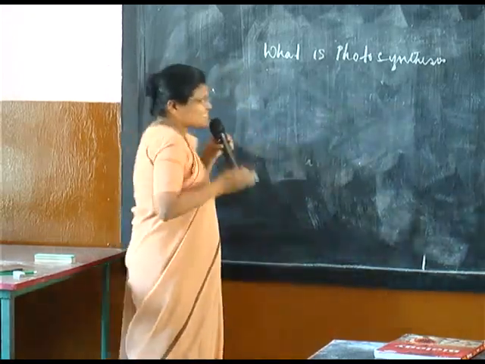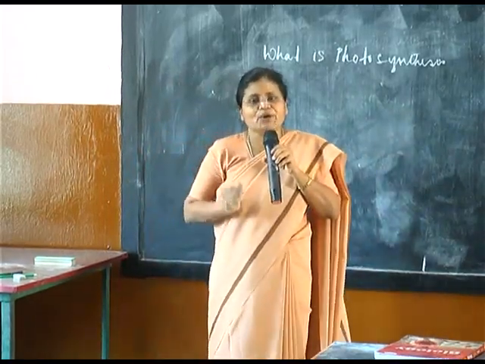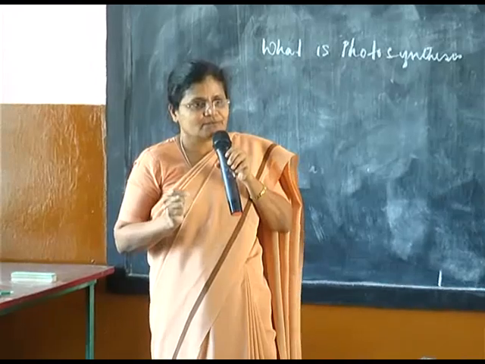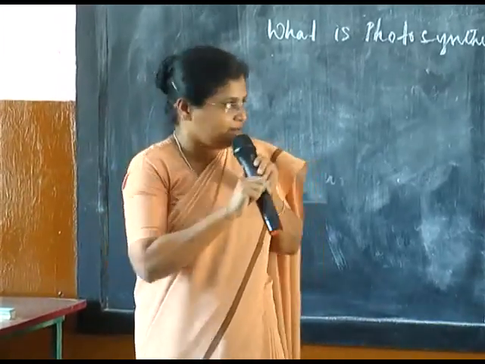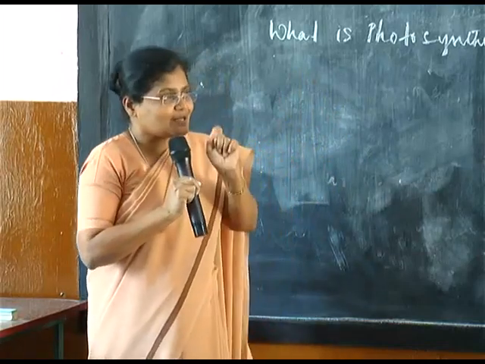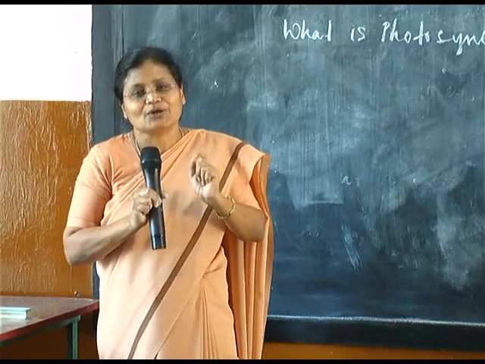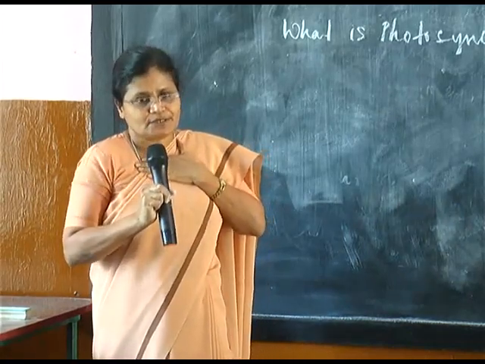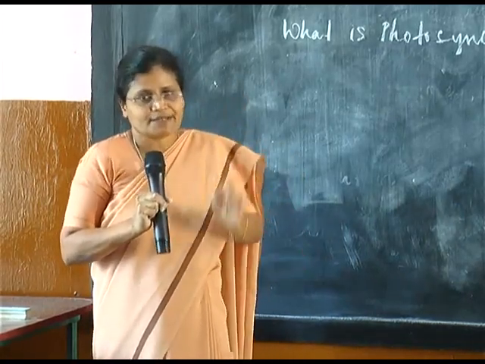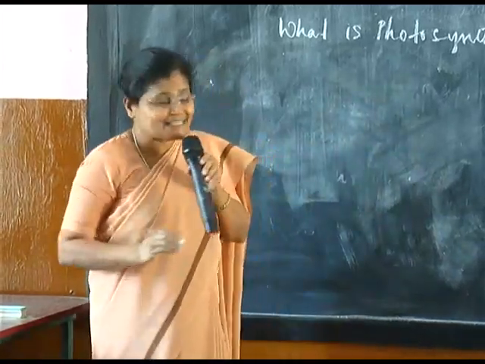Now we go to what exactly is photosynthesis. Photosynthesis is a biochemical reaction, a process by which living plant cells containing chlorophyll. Note the word, plant cells that contain chlorophyll. The fungi cannot prepare food, but those living plant cells that contain chlorophyll synthesize food.